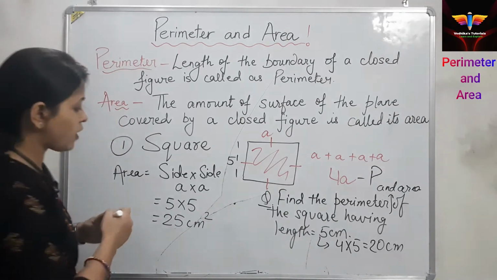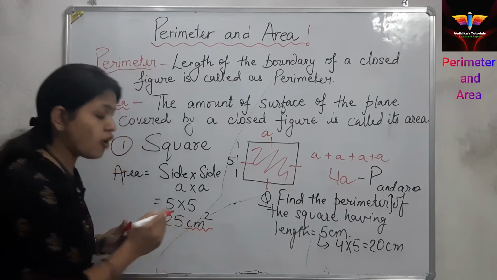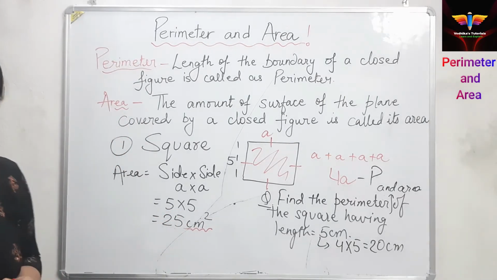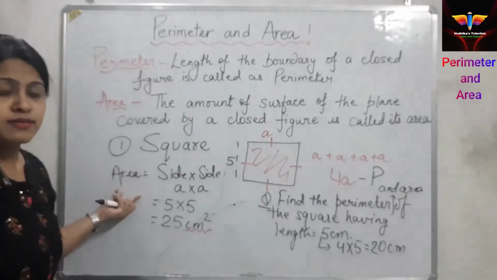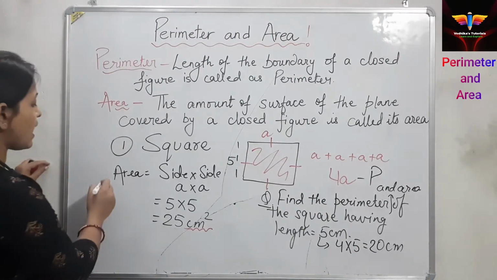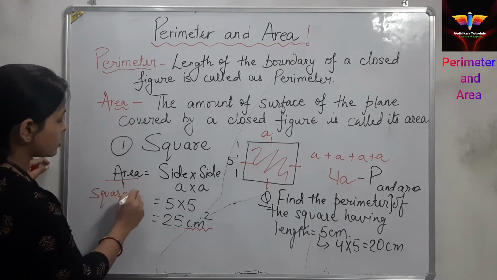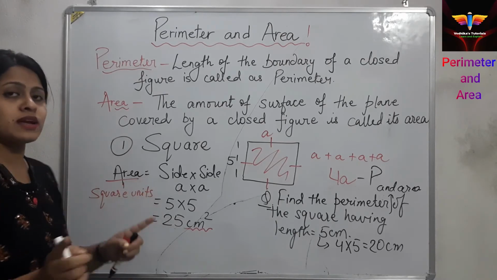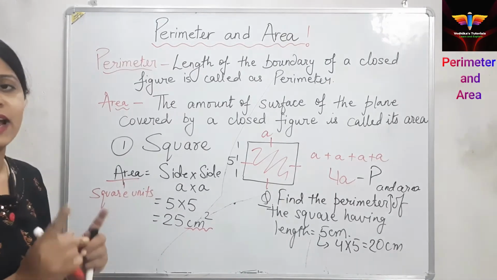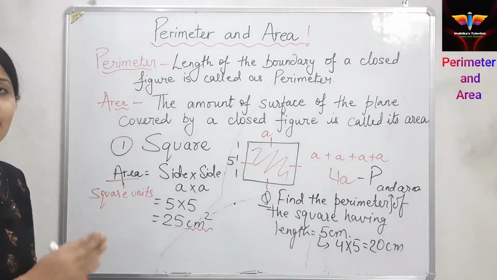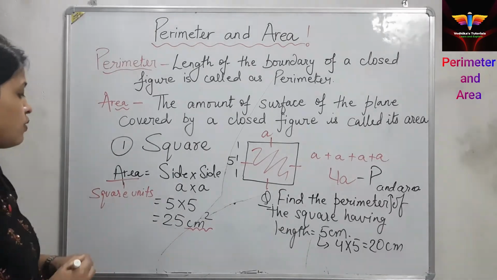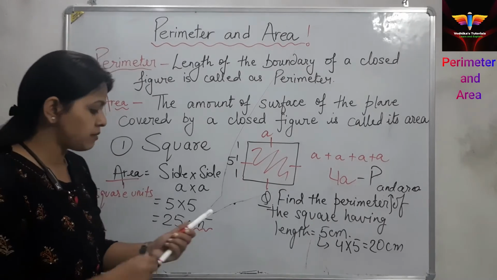Yes, this is square. The way of writing the unit is very important. Whenever it is talking about area, the answer should be in square units. Because it is multiplying 2 square, and when 2 units get multiplied, it becomes square. Okay, so it is 25 centimeter square.